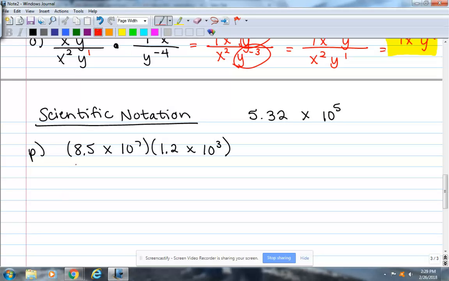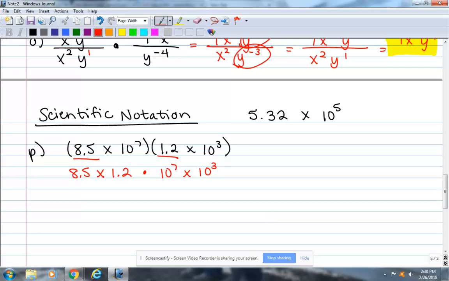All you have to remember is take your little numbers in the front and multiply them together. And then you're going to take your 10s and multiply them together, because the 10s have the same base, don't they? Yeah, 10s have the same base. So you're basically just rearranging and putting your like stuff together. So we're going to do the decimals and then the tens.